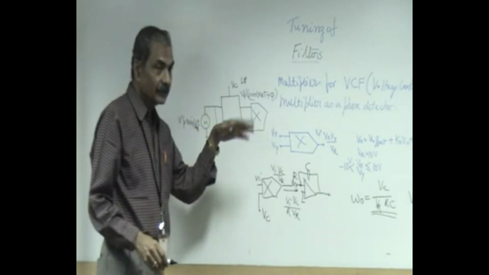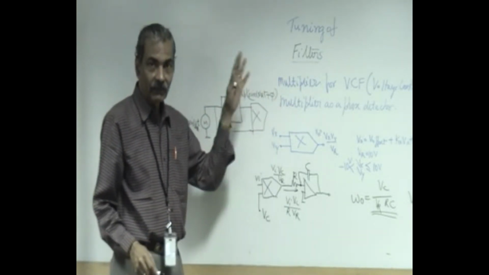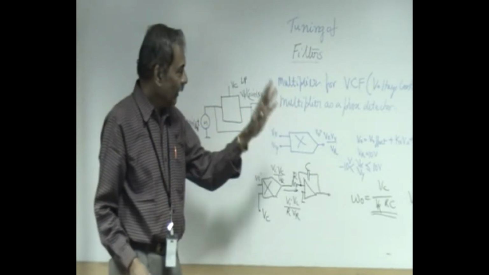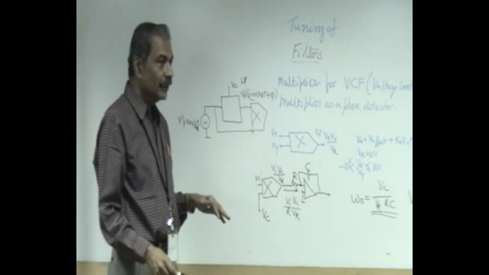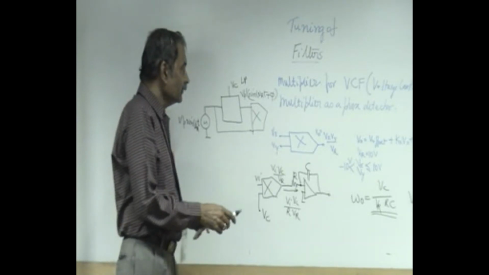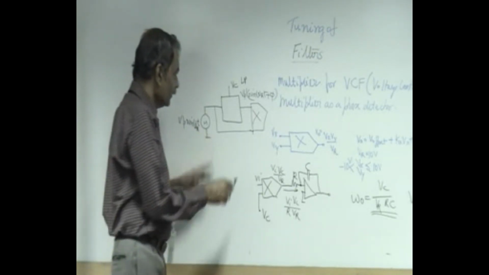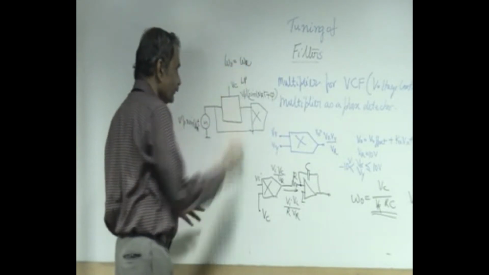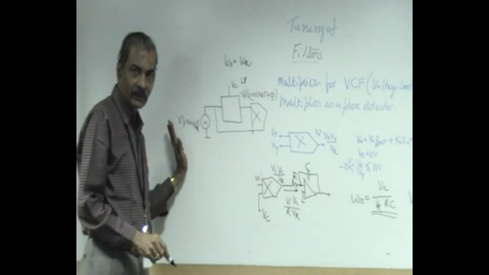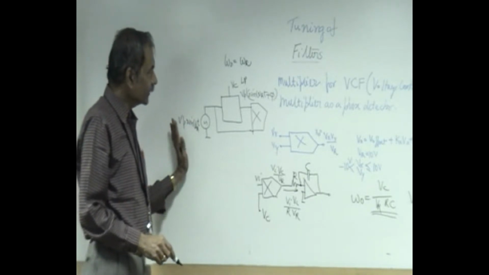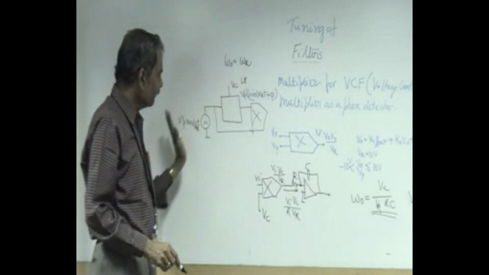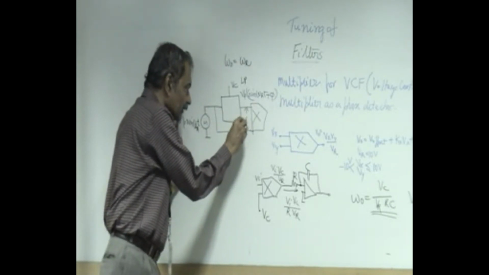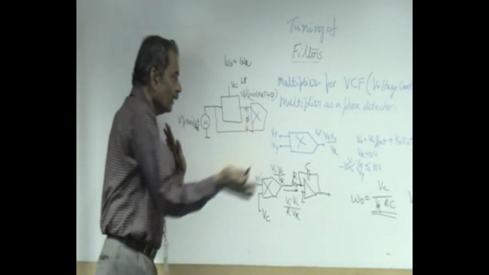The low pass filter gets subjected to a phase shift from 0 up to pi, and its phase shift is exactly equal to pi by 2 at frequency omega naught equal to omega r, which is the same as the incoming frequency. So we know that it is exactly tuned to the incoming frequency omega r if this phase shift phi gets adjusted to pi by 2.